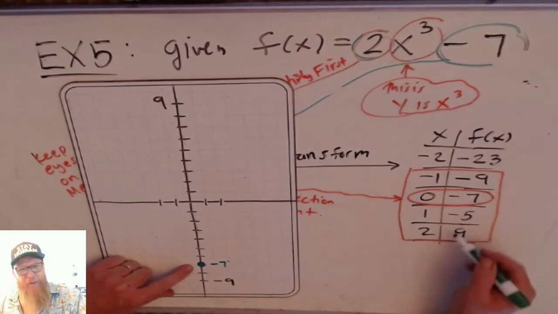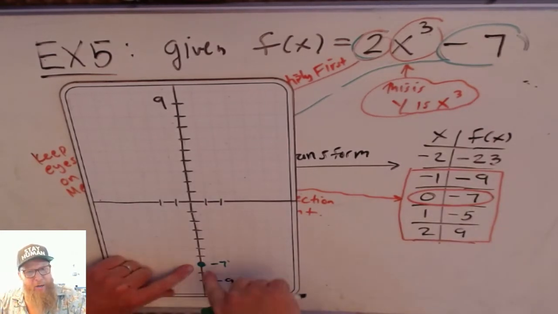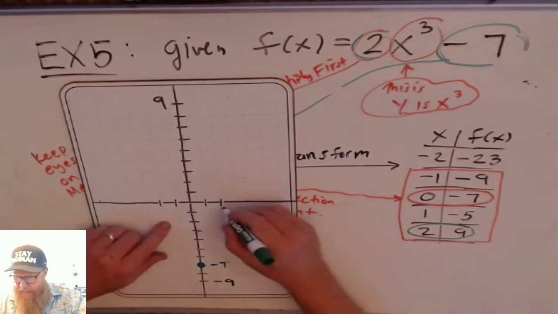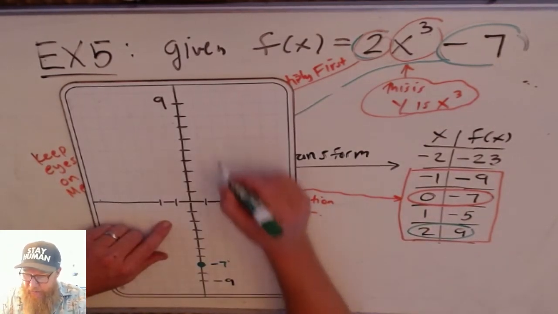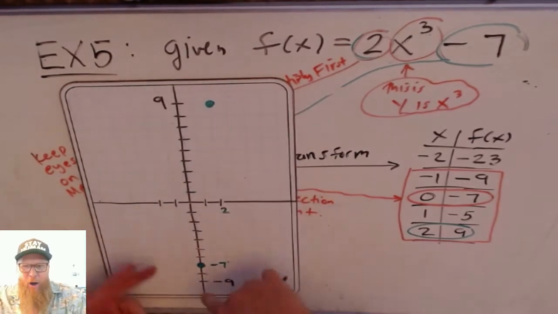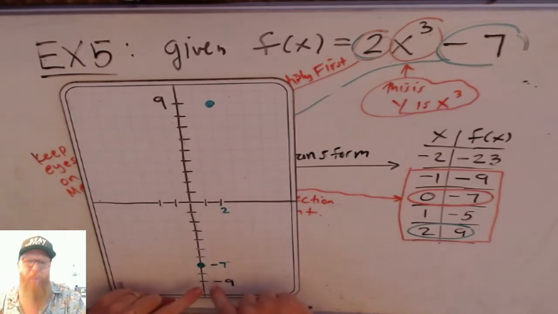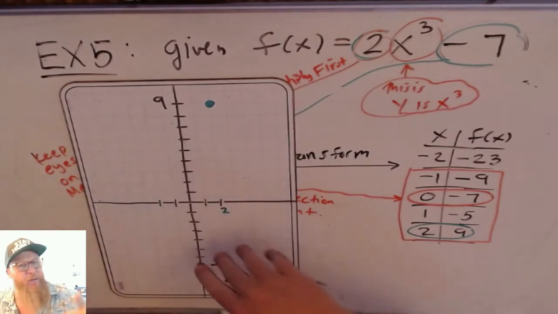All right, now after you plot that point on your computer, you can just pick any other point. So let's do 2, 9. So there's 2 and 9. Now on a computer, you're done. I know the times are changing quickly. There was a time where you would only plot 1 point and it would draw the graph, and now it's 2, and someday it'll be 3.